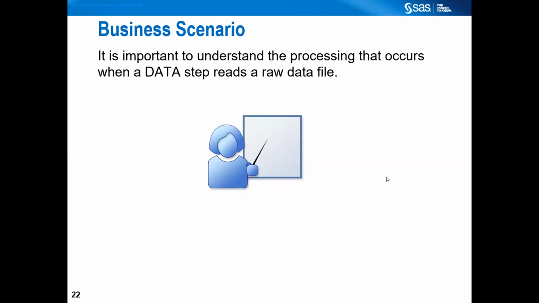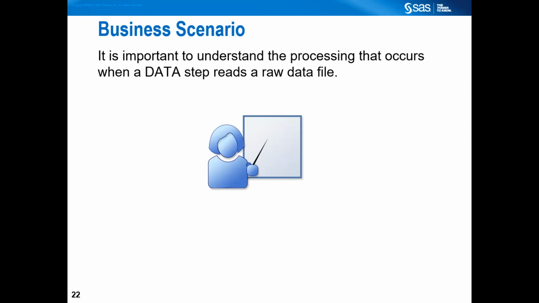Okay. So I hope you remember, when we submit a data step, what are the two phases which SAS uses in the backend? If you remember the phases of the data step. Compilation and execution. Absolutely correct.